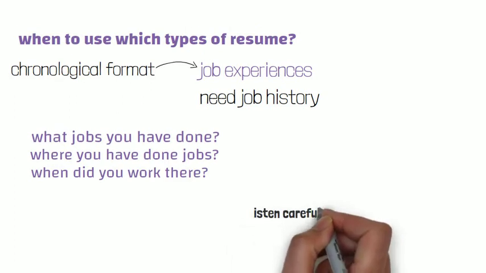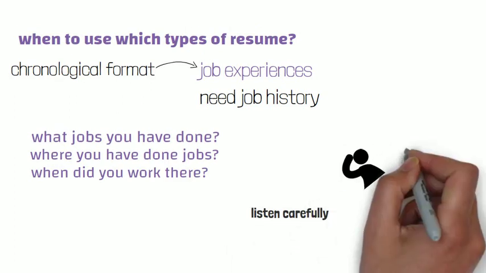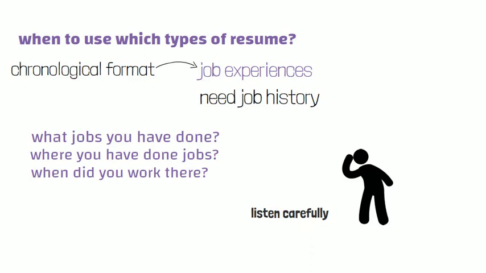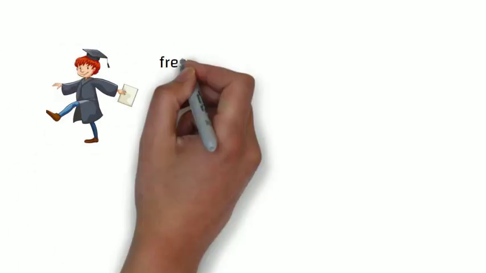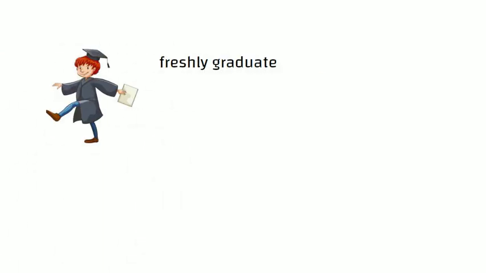This format is ideal for those candidates who have a good steady job experience. For example, 4 years of working experience in A organization or 3 years of working experience at B organization and so on. But if you are a fresher, which means that you do not have a long job experience, you cannot write this format of resume.